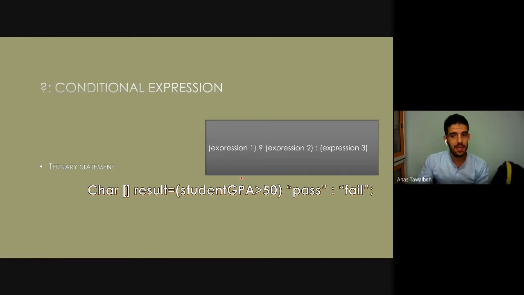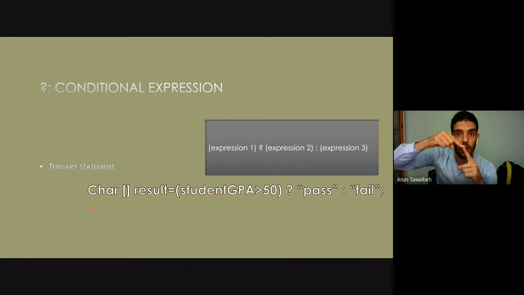A similar example to the previous one: result equal student GPA greater than 50, then pass, then colon and fail. We check expression 1 only. If expression 1 is true, then we execute expression 2. If it is false, we execute expression 3.